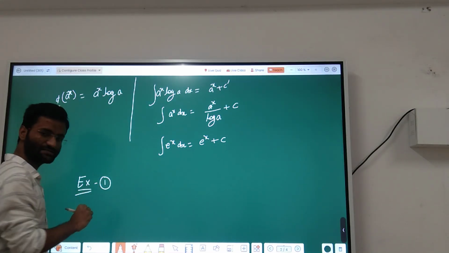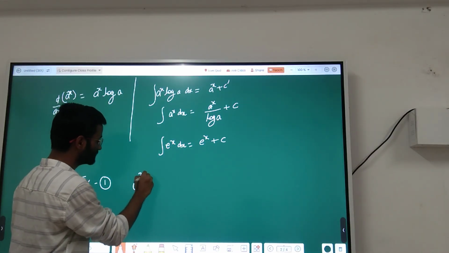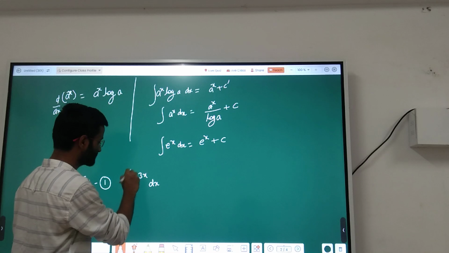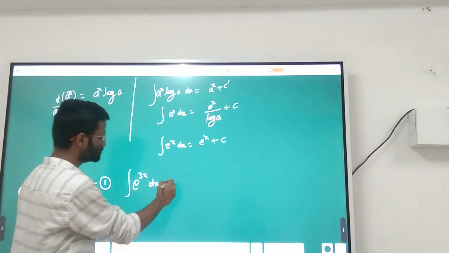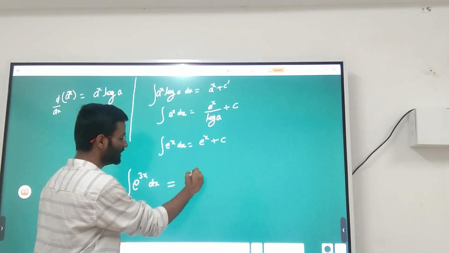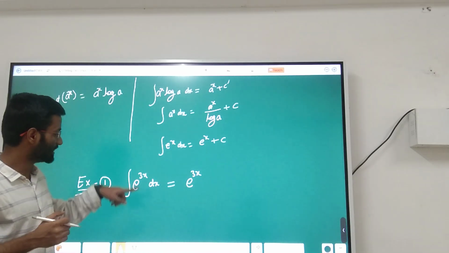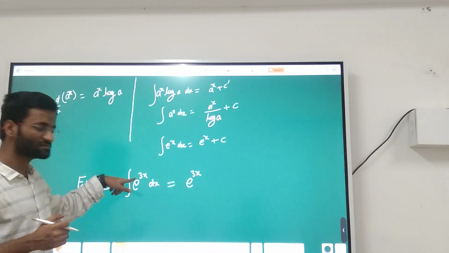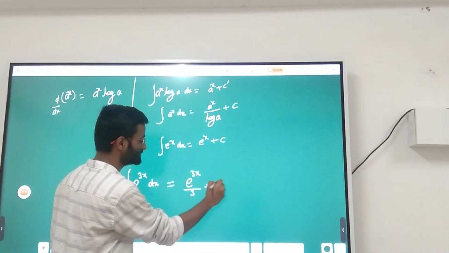Example number 1: tell me the integration of e to the power 3x dx. I'm taking a very simple example. You know that the integration of e to the power x is e to the power x. But here we have to keep in mind that the coefficient of x is 3, so we have to divide by 3, plus c.